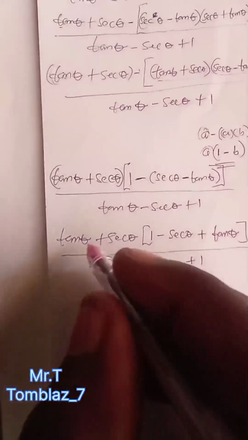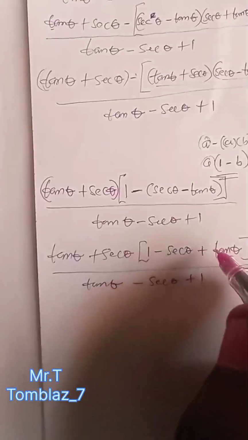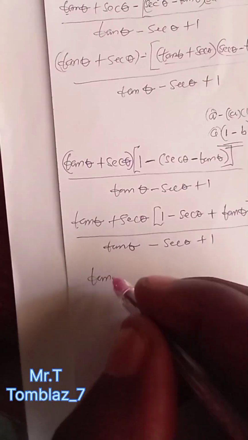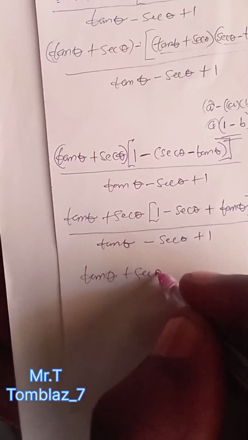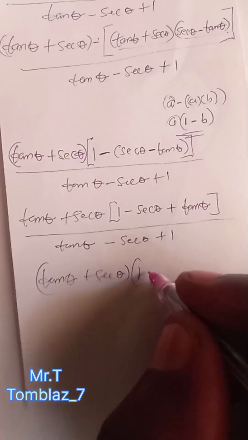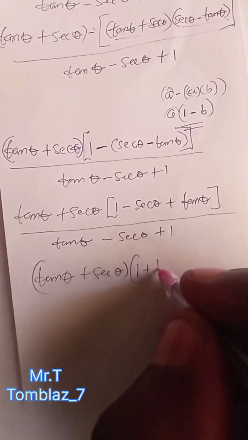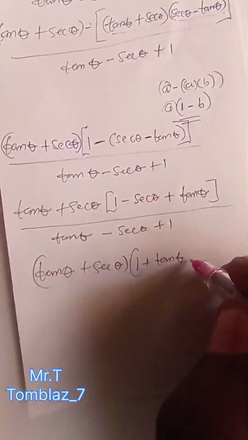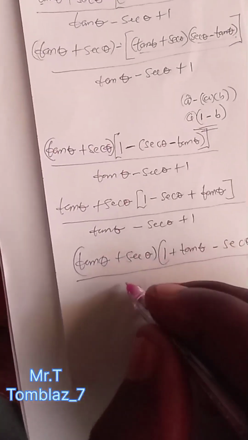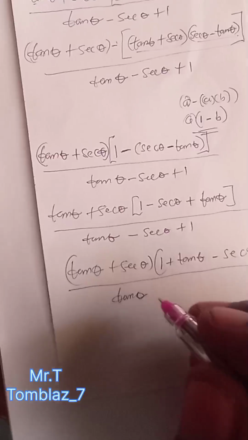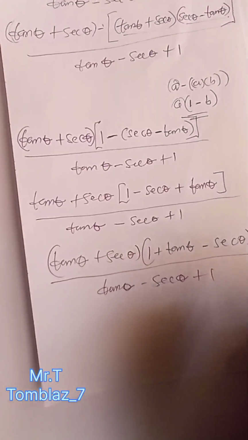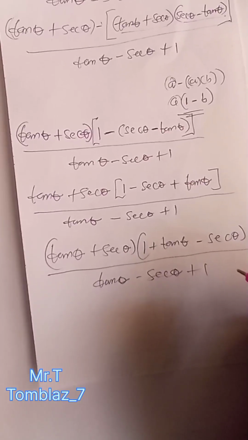Let's take care of this side now and arrange this one to look normal. So here we have tan theta plus sec theta into 1 plus tan theta minus sec theta, all over tan theta minus sec theta plus 1.